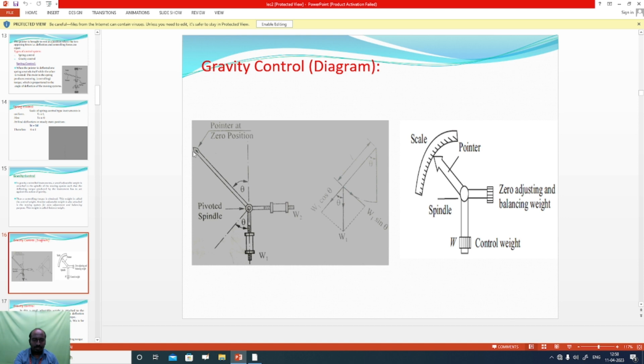Here the pointer is now at the zero position. This is the pivoted spindle, which one can see in the center. Theta is the angle between the control weight W and a line drawn from the center of the pivoted spindle.